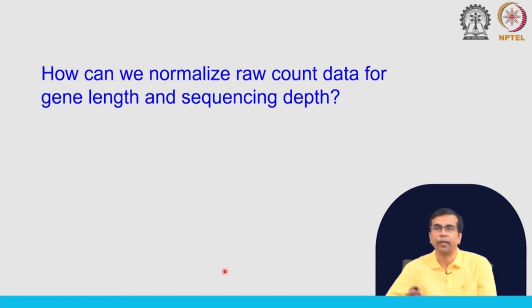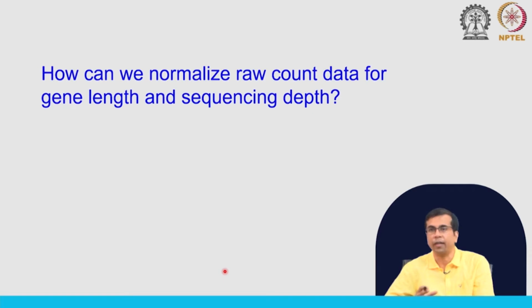Each sample will get a different total number of reads, and that can again influence the outcome. If in a sample you have more reads, it is very likely that all the genes will also get more reads by chance. So again we would have to do something about that variation in sequencing depth, so that we can do a fair comparison.